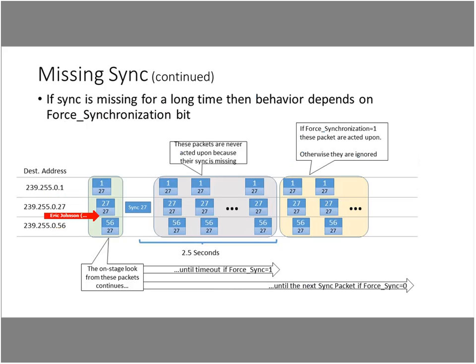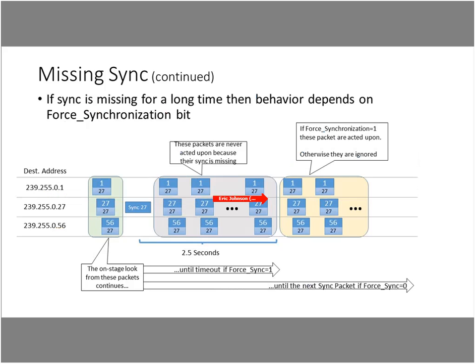We played out this DMX refresh on all the universes. It got synced. We keep sending out DMX refresh, but there's no sync. Nothing changes. These don't get acted upon because they're not getting their synchronization. But after 2.5 seconds, after the timeout, what happens then depends on the force sync bit.